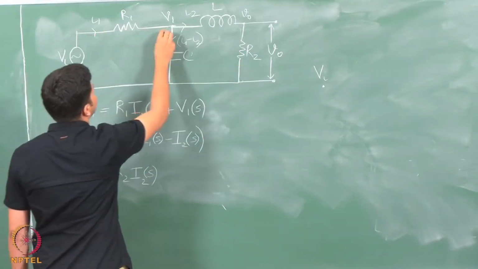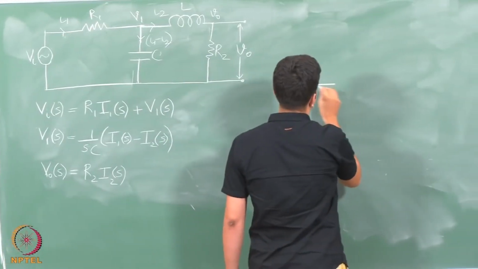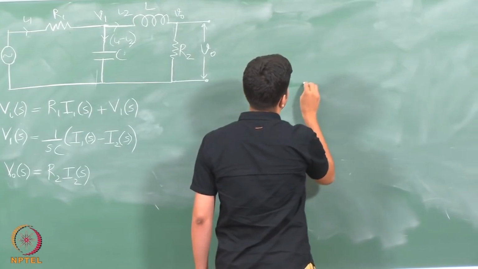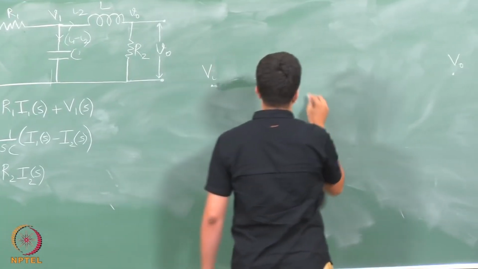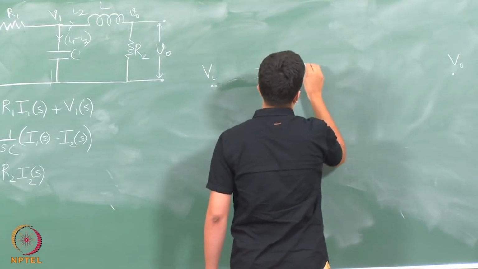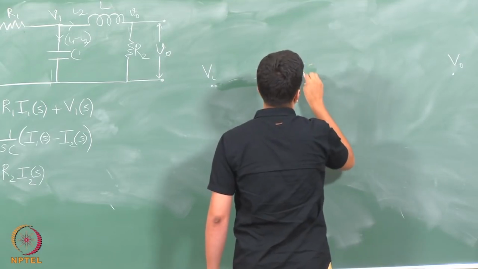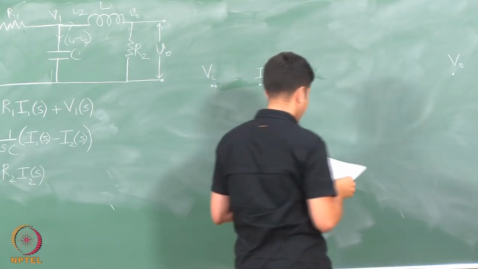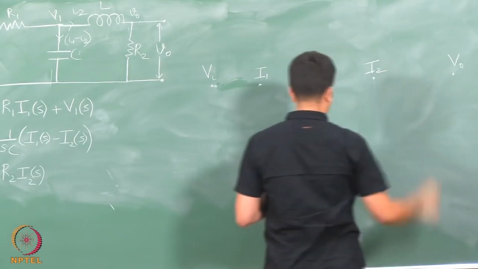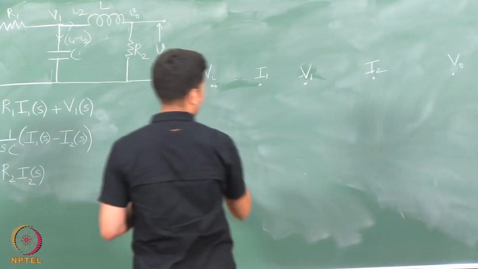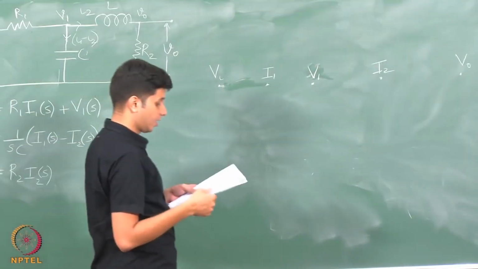So, it is I1, V1, I2 and V naught. So, first I will put I1, V1, I2 and V naught. Again, everything is in S domain, we are just using the variables directly without representing S.